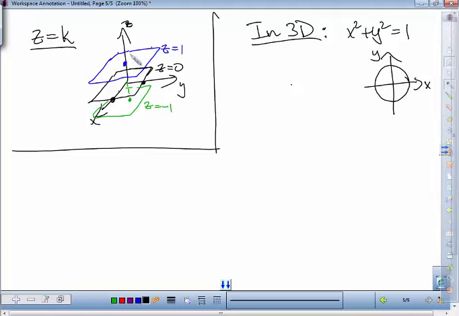I'm on this plane. I'm still going to have x squared plus y squared is equal to 1. And when z is equal to negative 1, that's this other plane. It's still going to be x squared plus y squared is equal to 1. So imagine the circle going up along the z and going down along the z.